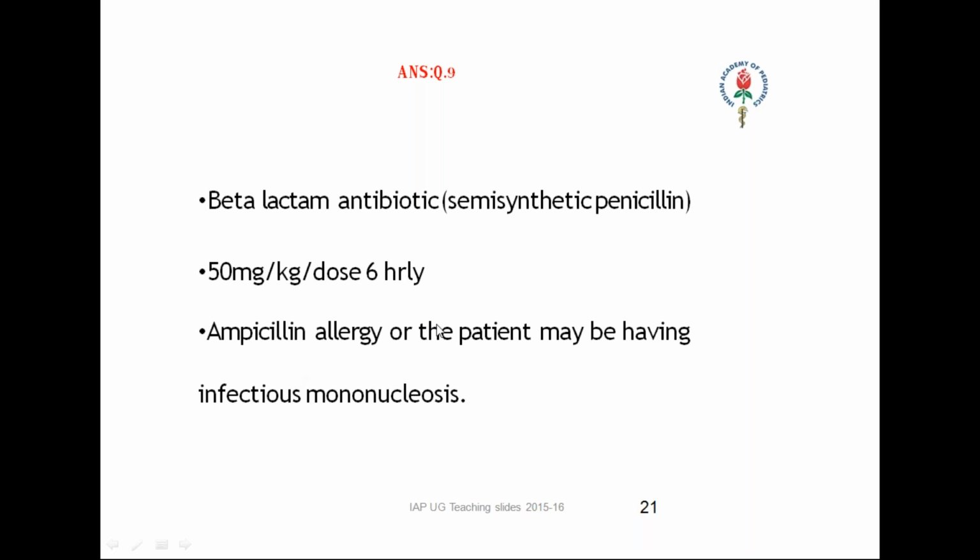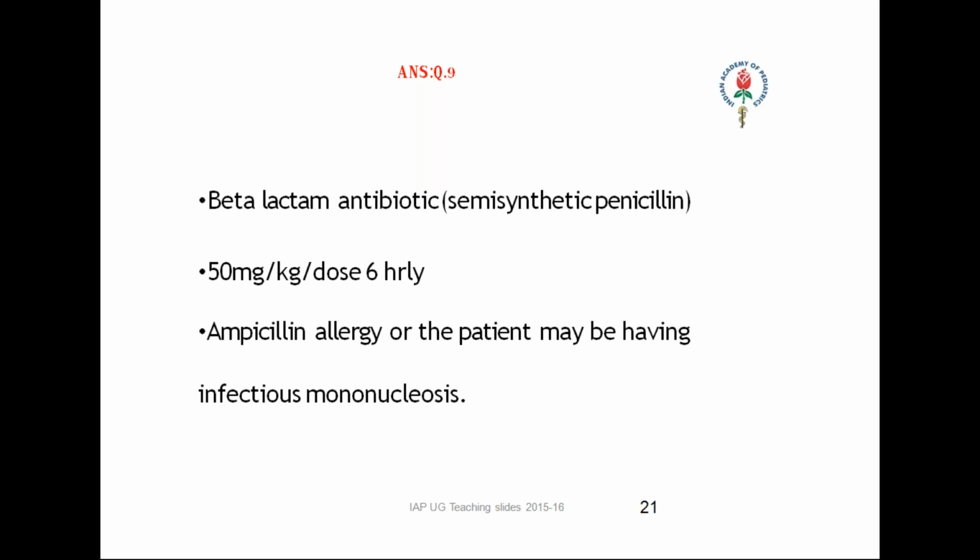Usually in ampicillin allergy, or if the patient has infectious mononucleosis, it will aggravate when we give ampicillin. What are the other things apart from pneumonia where we give ampicillin? In GE cases also, ma'am, gastroenteritis.